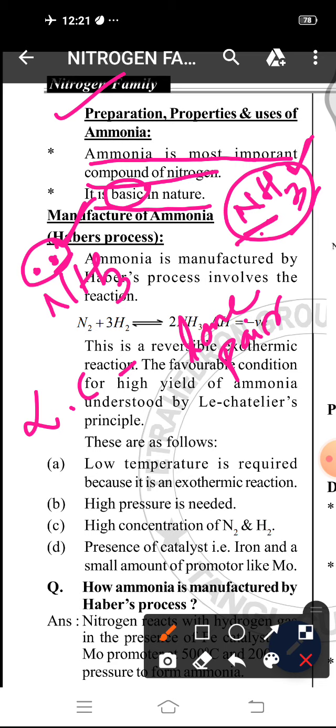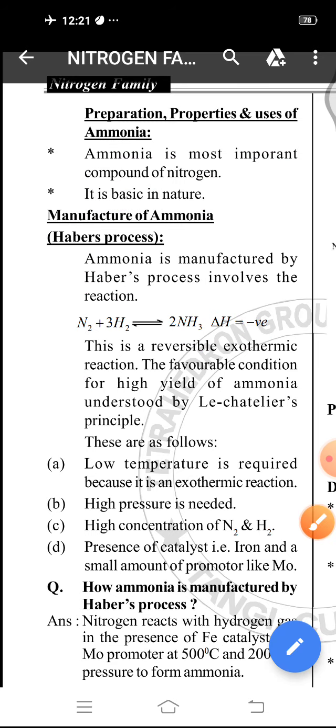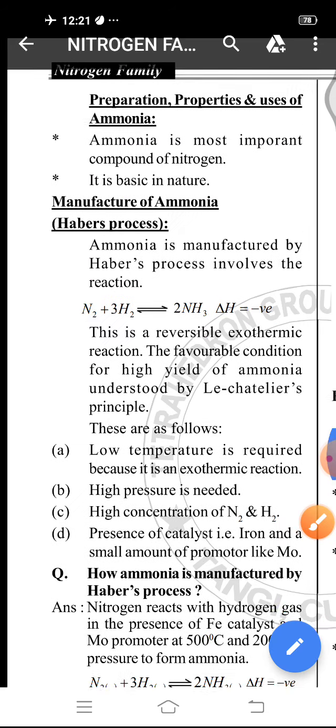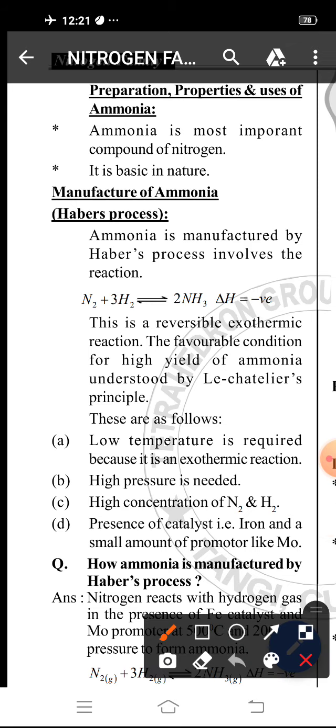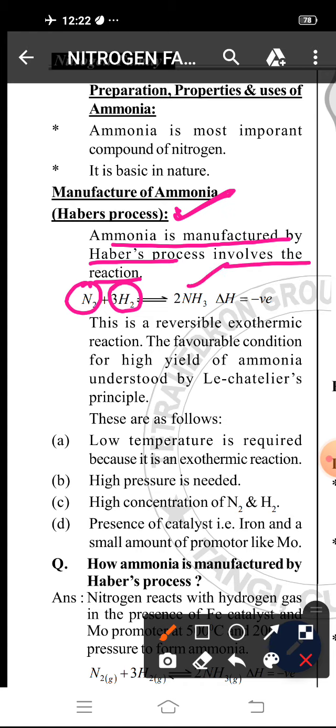Then comes its manufacture, that is by Haber's process. Ammonia is manufactured by Haber's process, which involves this reaction. When nitrogen combines with hydrogen, it forms ammonia.